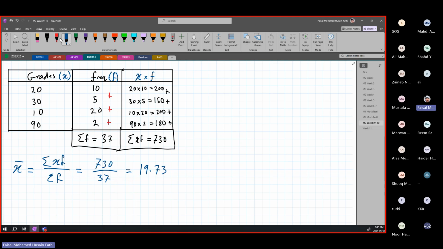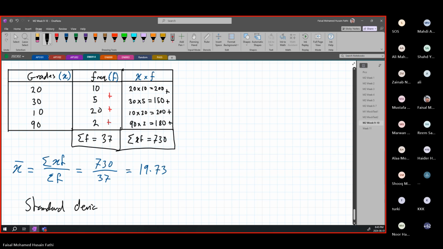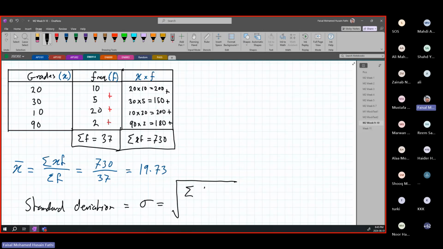our standard deviation formula. Sigma, or standard deviation, ignore my terrible handwriting, is equal to the square root of the summation of f times x minus x bar squared divided by sigma f.